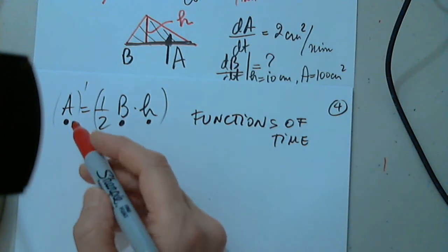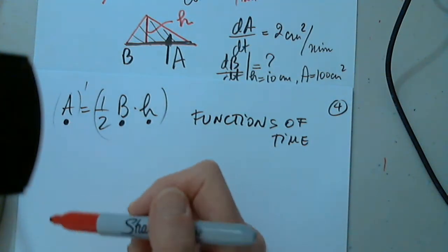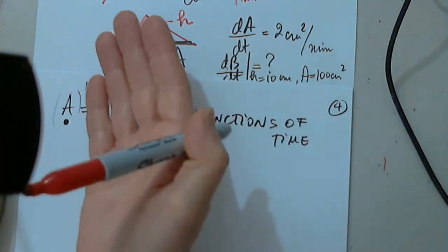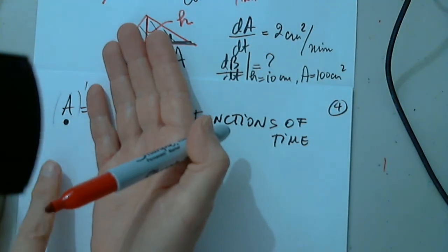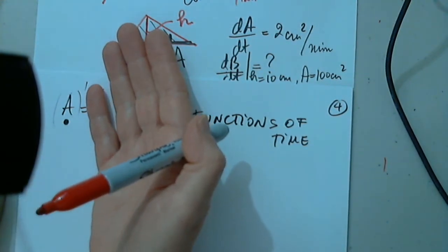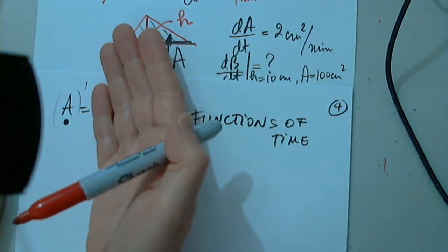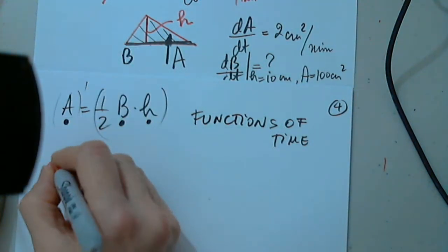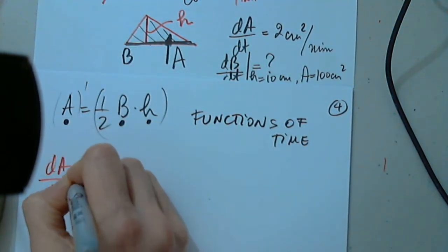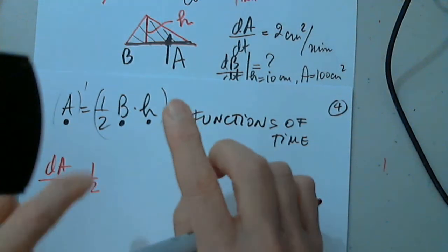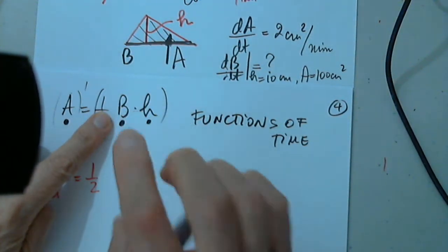Don't we need to change something into another form? When I differentiate this, what do I get? dA over dt equals 1/2. What is this, and how do I differentiate it?